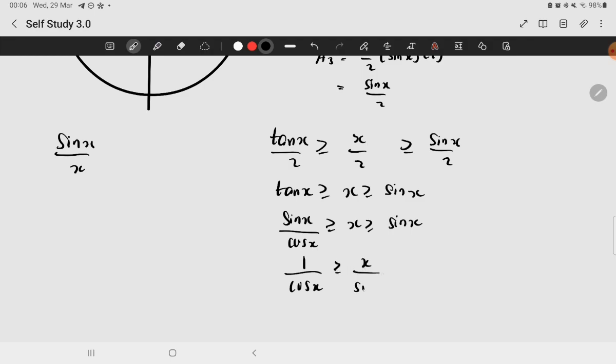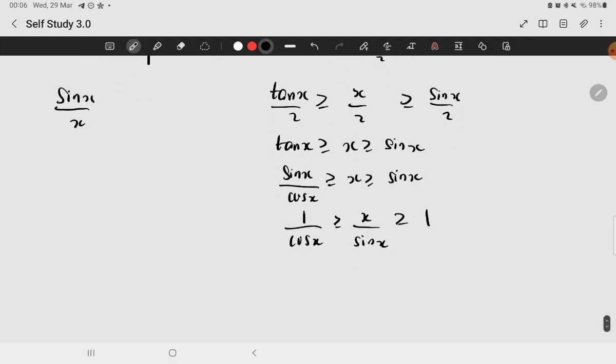So we are left with this. All right. Now, to obtain this, we flipped the fractions given, but the consequence is that the signs of inequality will change as well. Therefore, we will obtain cosine of x less than or equal to sine of x over x less than or equal to 1.